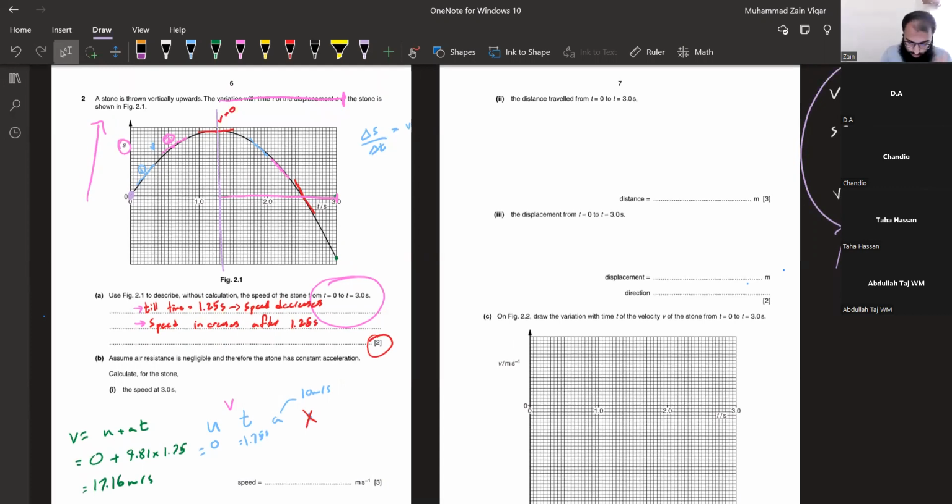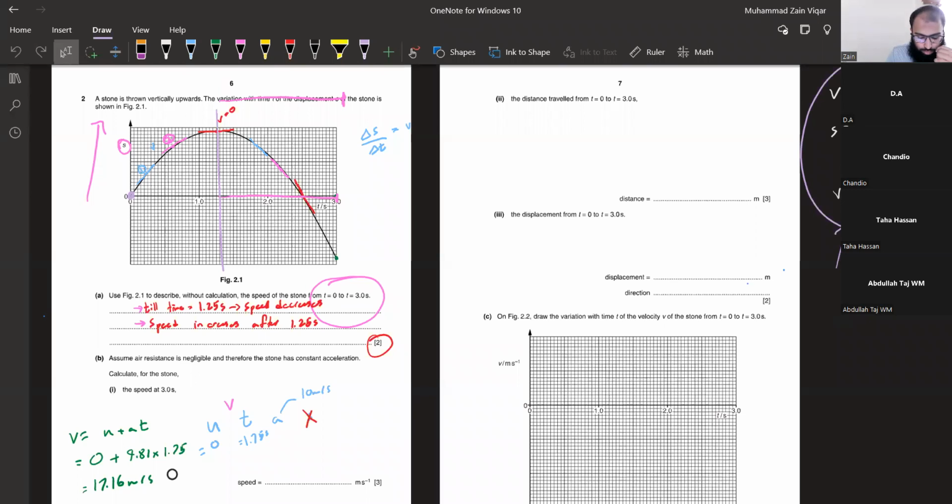Okay, so the next part: distance traveled from time t equals 0 till time t equals 3 seconds. So we just need to find the distance traveled from time t equals 0 till time t equals 3 seconds. Therefore, yeah, I did use the equation rather than the tangent.